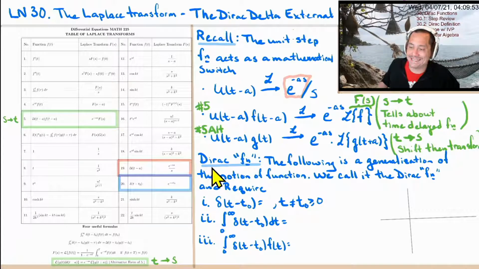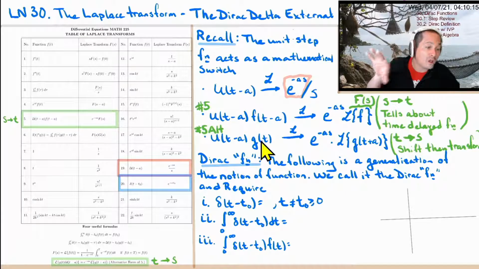Kelsey in chat is asking, how do we decide when it will be t minus a instead of a t inside the function when using 5 and 5 alternate? For 5 alternate, it's set up with g of t right here, because what this g of t is doing is it's being a placeholder for all of the not step function stuff in time.